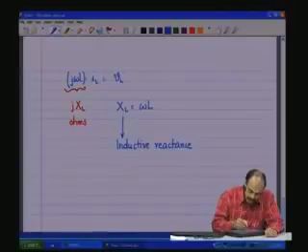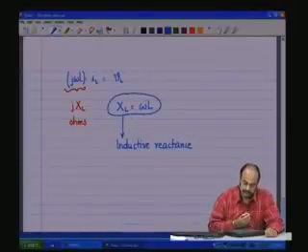we have the inductive reactance written here.